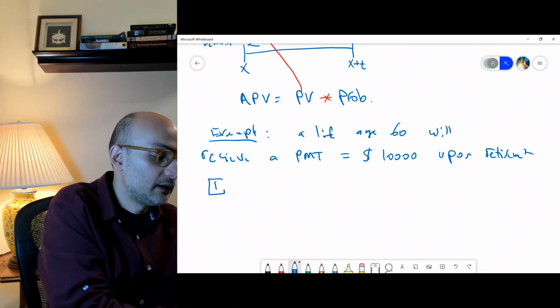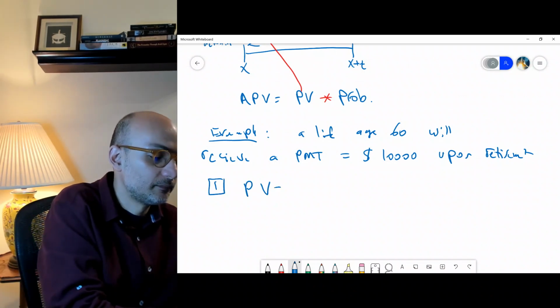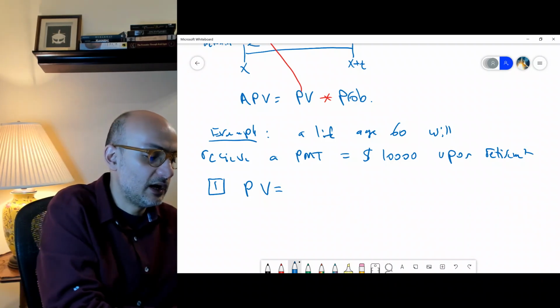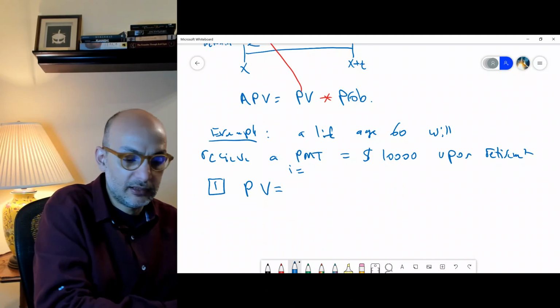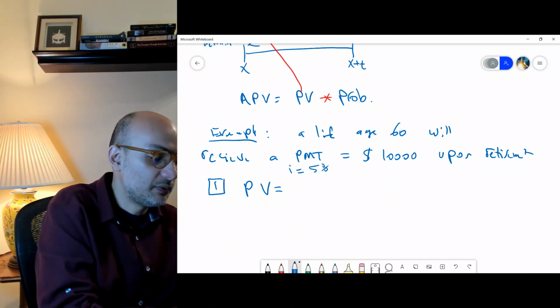First, let's calculate the present value of this payment. It's simple. Let's assume that i is 5%. So if i is 5%, for the present value we take 10,000 divided by 1.05 raised to 5.